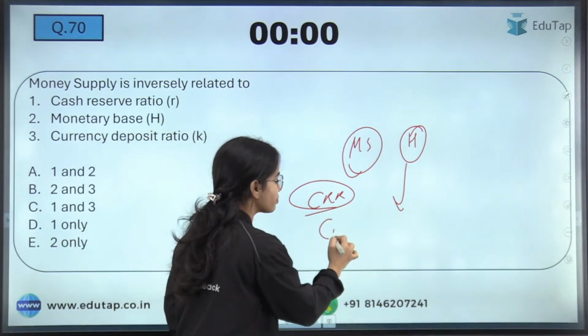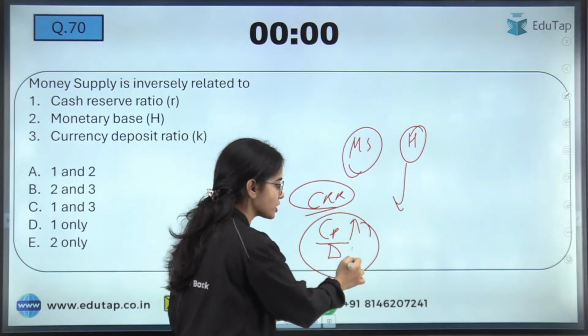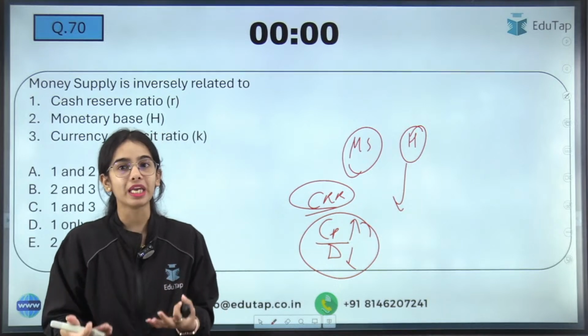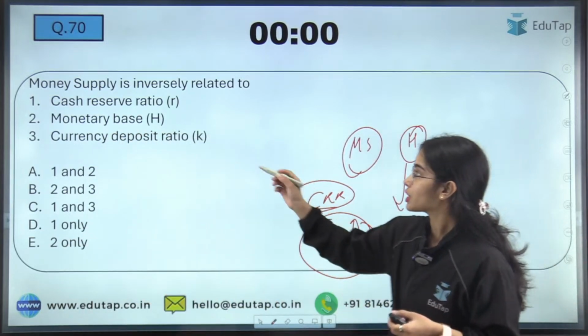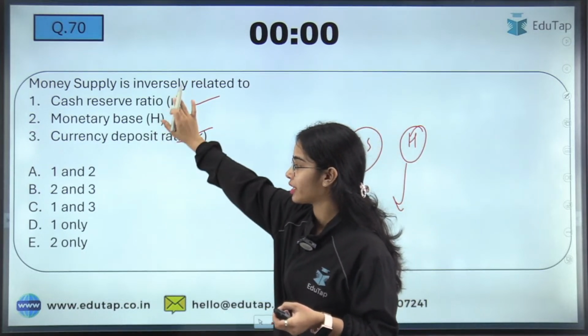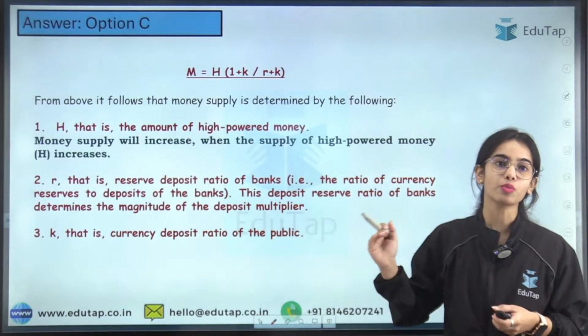If the currency with public to deposit ratio is high, that means deposits are less. If fewer deposits are happening, banks will be able to make less money supply. So the money supply inversely depends upon the cash reserve ratio and the currency deposit ratio, while it is positively related to the monetary base.